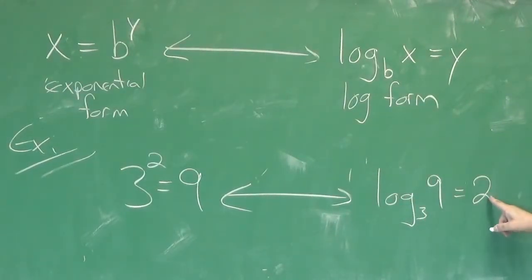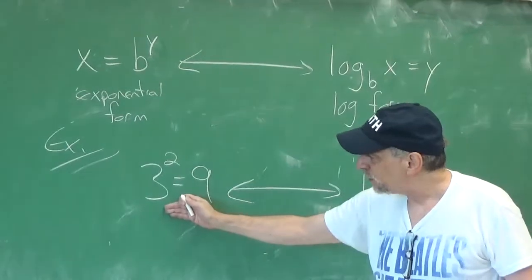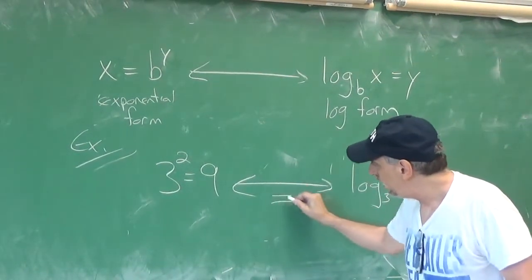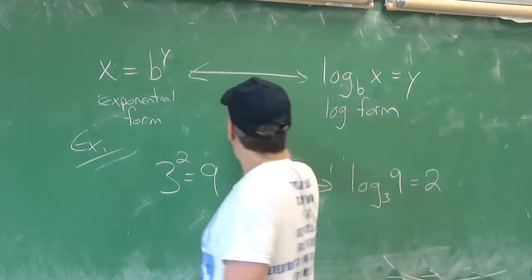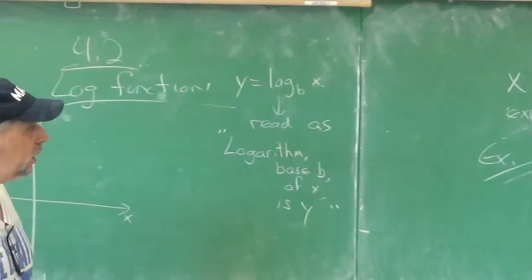Base, exponent, result. Given logarithm form, you want to be able to write it like this. Given exponential form, you want to be able to write it like this. These are the same thing. That's very important when we get to solving exponential and log equations.